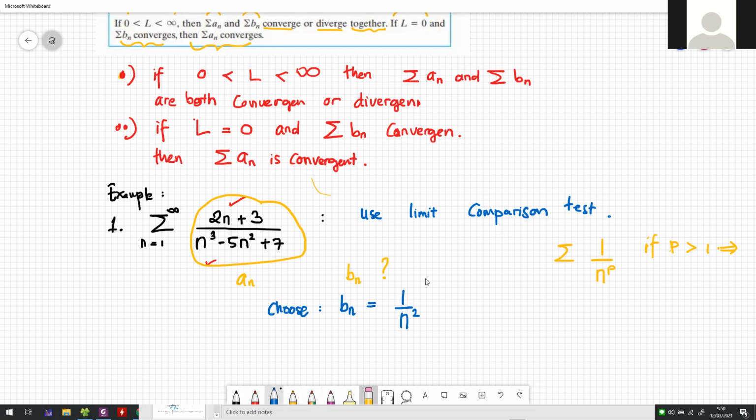Yang paling simple adalah n divided by n to the power of 3. Ini kan bentuk simpler dari ini ya. Tetapi ini kita sederhanakan menjadi 1 over n to the power of 2. Oke. Nah, ini kita tahu nggak konvergen atau tidak nih?